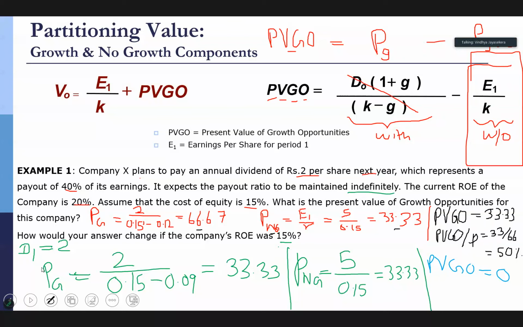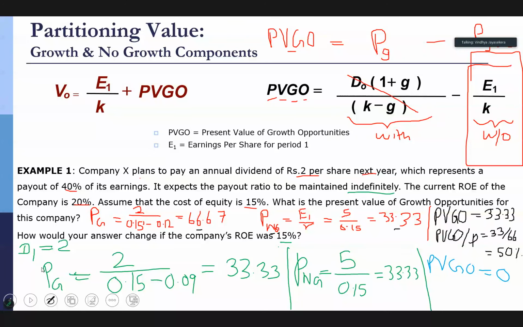There is no premium that investors are giving for growth. For the fact that the company is showing steady performance, increasing its earnings and its dividends by 9% every year, forever, investors are not paying a premium for that. Okay. So we'll discuss why tomorrow.